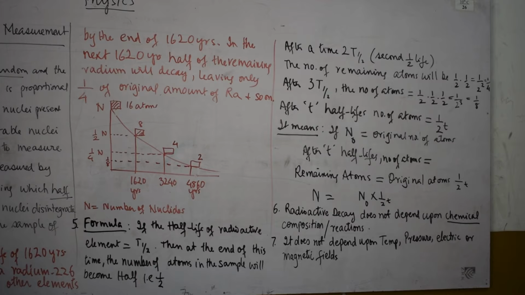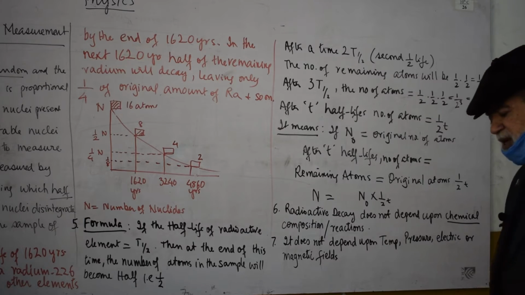Now this is a very important thing to be remembered. This formula can be used to find the time taken, and the point to remember is that radioactive decay does not depend upon chemical composition or reactions. It does not depend upon temperature, pressure, or electric or magnetic fields.